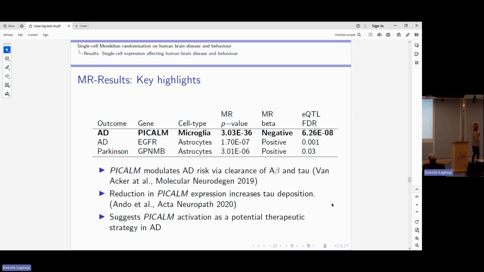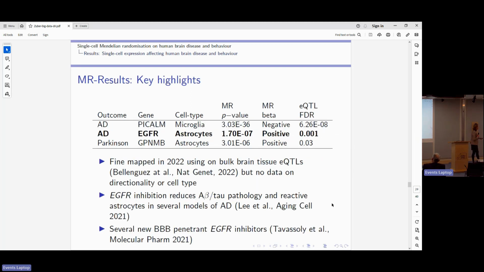PICALM is known to modulate Alzheimer's disease risk via clearance of amyloid-beta and tau. It has been shown that a reduction of PICALM expression increases tau decomposition, and it's suggested that PICALM activation may act as a potential therapeutic target strategy for Alzheimer's disease.